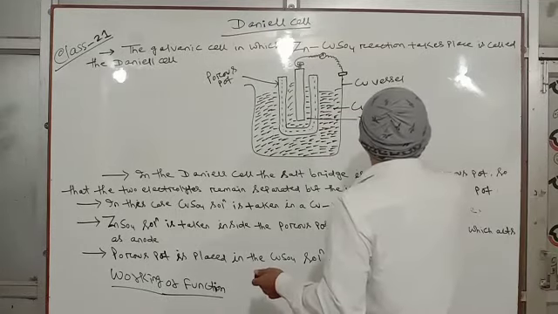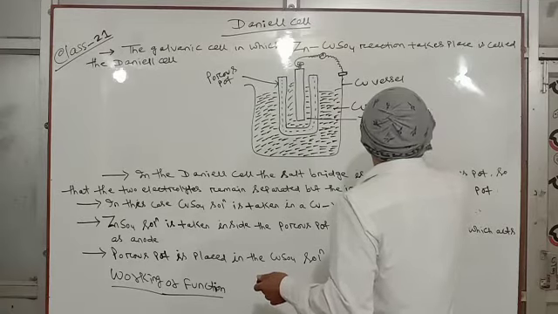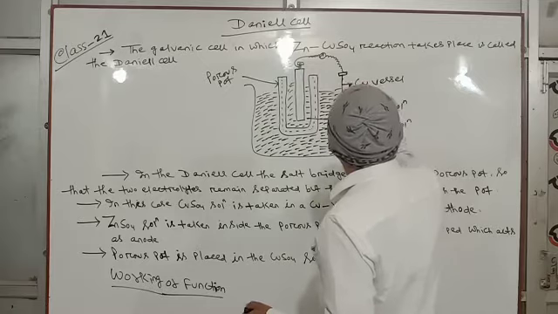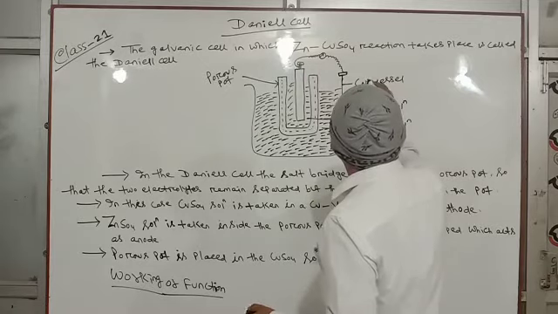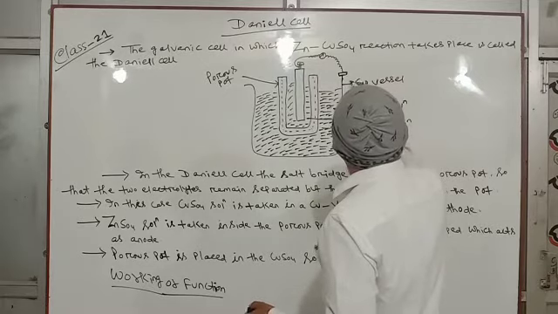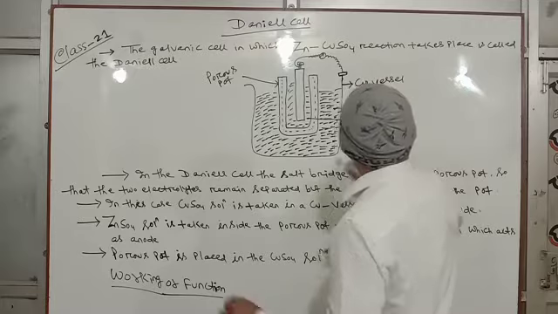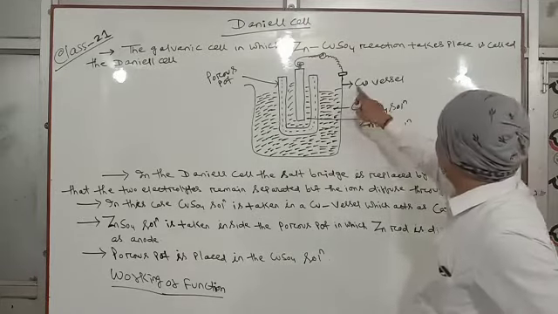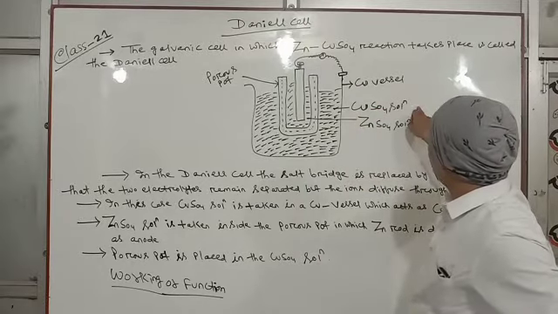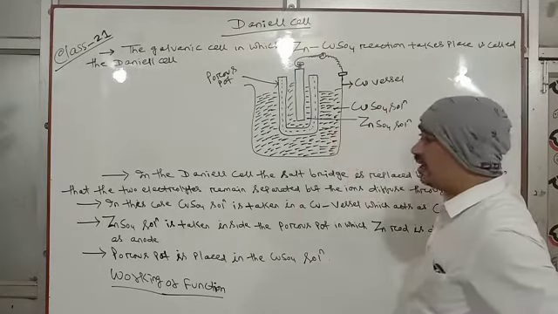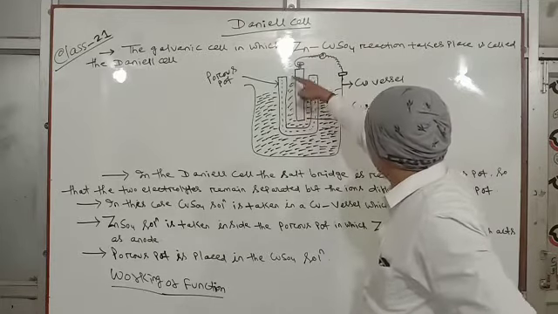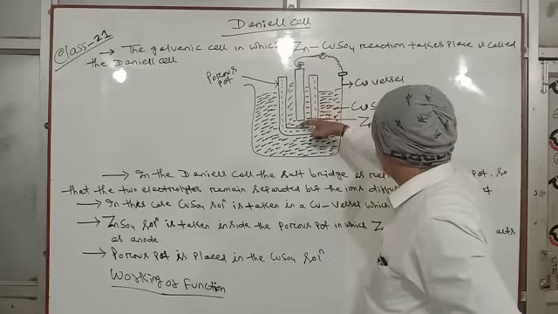That is the copper sulfate solution, the zinc sulfate solution, and that is the copper vessel. Clear? That is the copper vessel, that is the copper sulfate solution, that is the zinc sulfate solution.